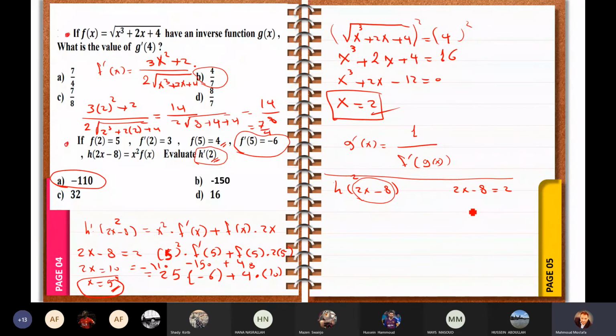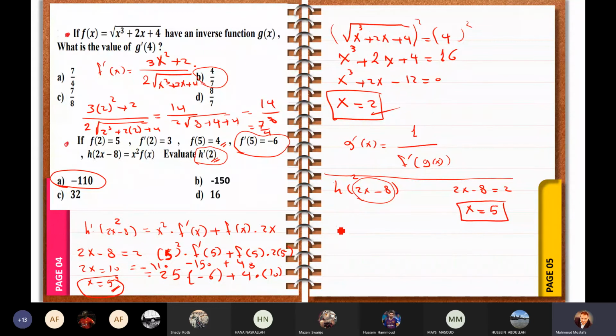Solve this equation, x will be equal to 5. So any x you have to substitute by 5, not by 2, because this one is not h of x, it's h of 2x minus 8.